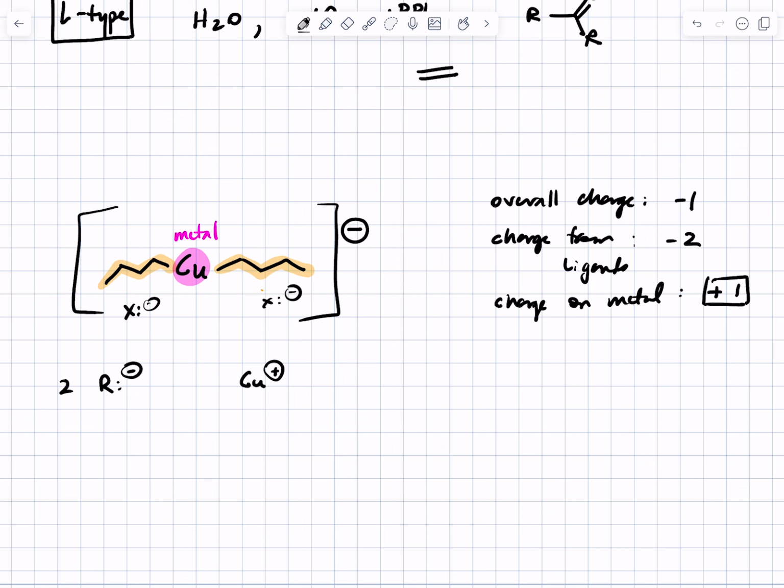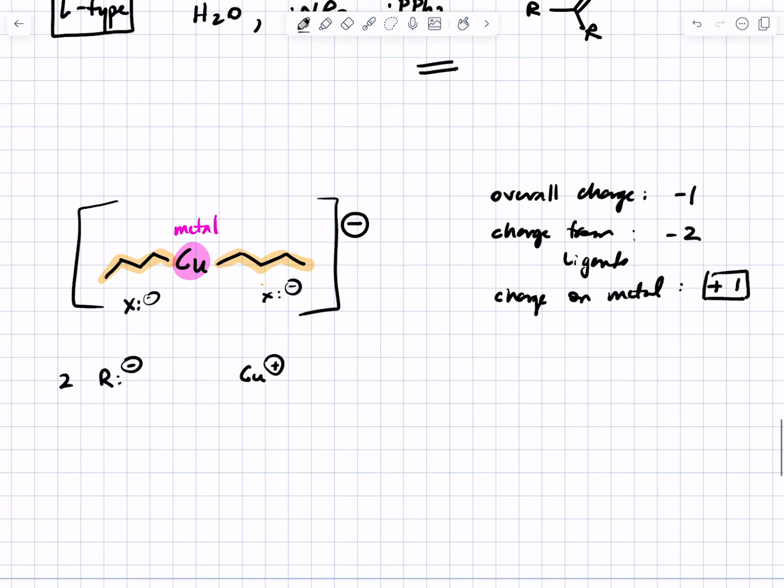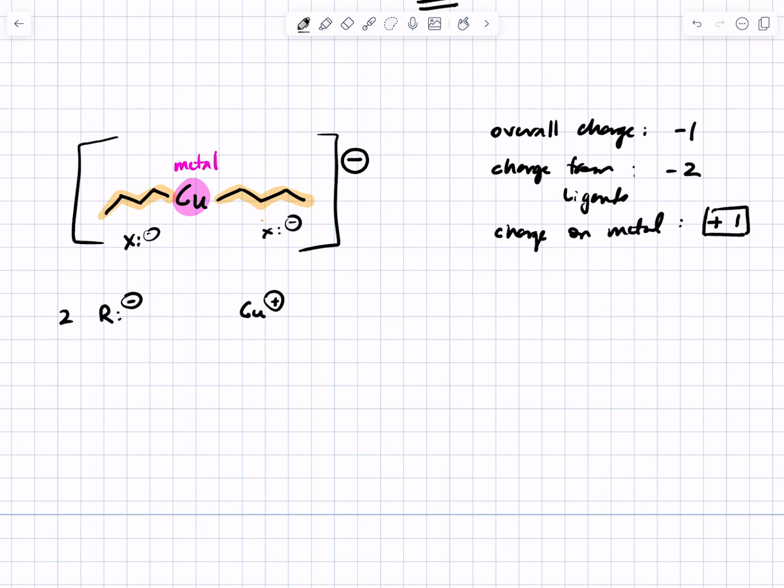All right. Now, there's two other things you want to know about transition metal complexes. One is how many d electrons the metal has. That can sometimes give you a sense for whether a reaction is reasonable or not, and in reactions, whether a metal is electron rich or electron poor.